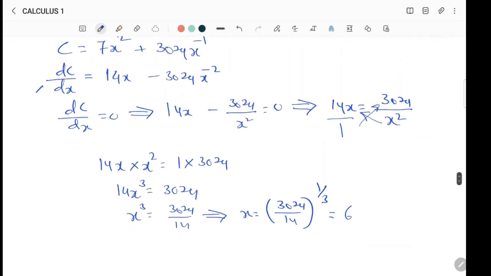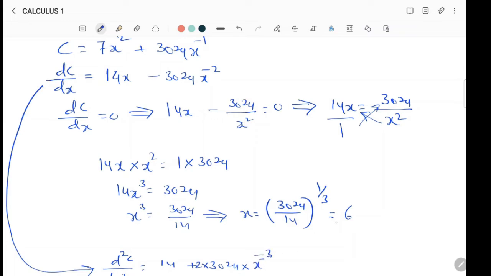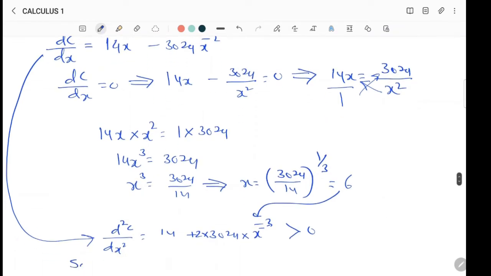So we have to differentiate it again. d2c over dx square is 14, and minus times minus is plus, 3024. Actually it is plus 2 times 3024 times x to the power minus 3. If you put 6 here, of course it will be positive. So at x equal to 6, c will be minimum.